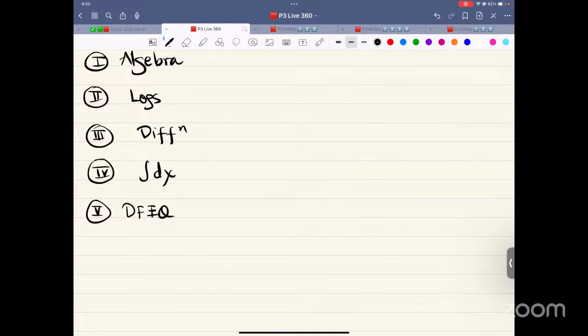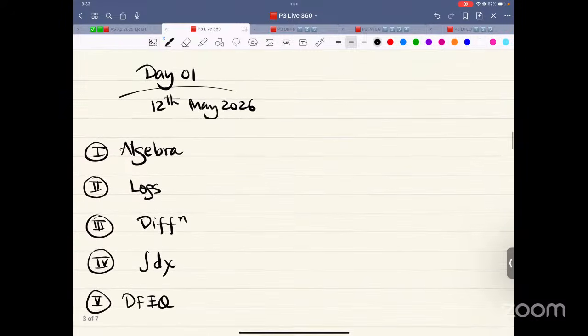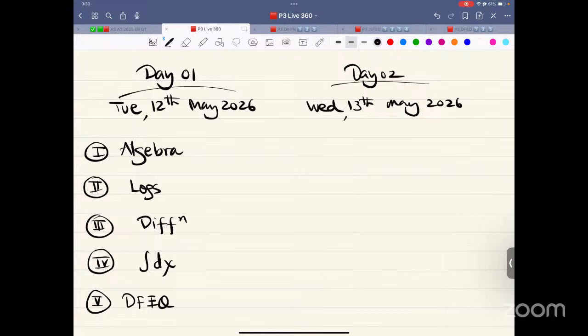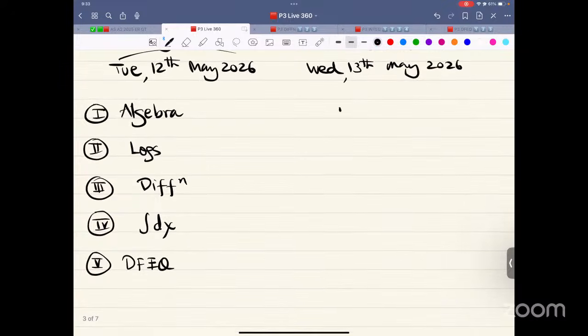So that is the first thing. That is for today. And for tomorrow, that is day two, inshallah, that would be 13th of May. Today is Tuesday. Tomorrow is Wednesday. So 13th of May, first thing will be complex numbers.